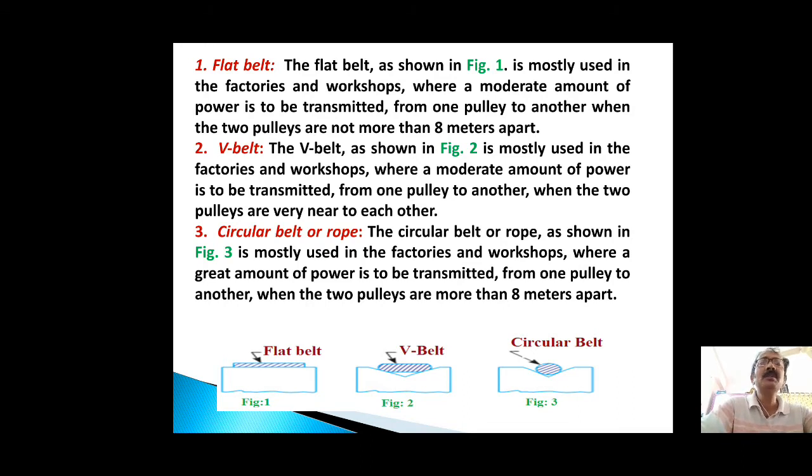In the case of circular belt, the rope is also called the circular belt. The circular belt or rope, as shown in figure 3, is mostly used in the factories and workshops where a great amount of power is to be transmitted from one pulley to another when the 2 pulleys are more than 8 meters apart.